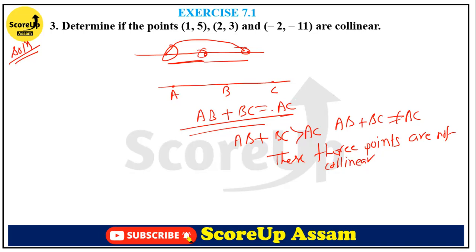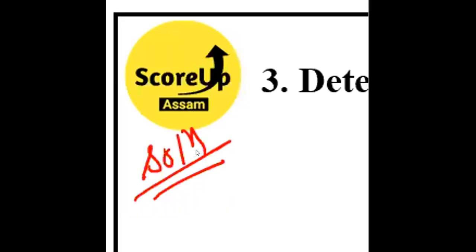But if AB plus BC is equal to AC, that means these 3 points are collinear. So let's check the collinearity.